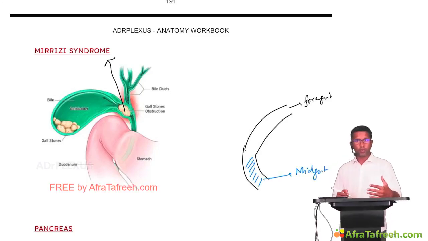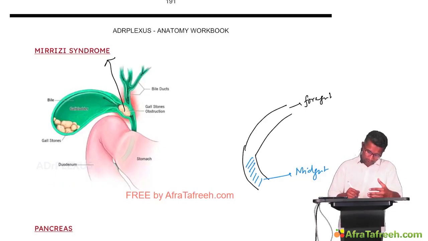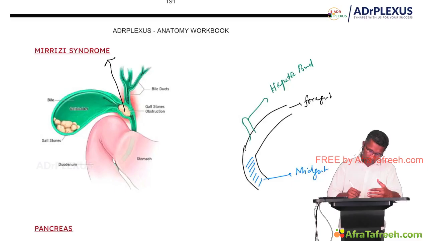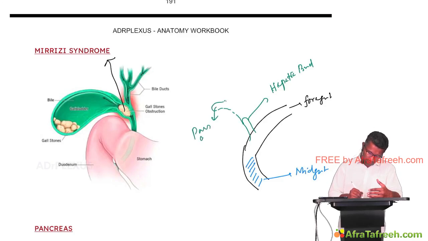At the end of the foregut, an outpouching starts. This outpouching, which begins in the foregut close to the junction of the midgut, is called the hepatic bud. When it grows, it divides into two. One is called the cystic bud, also called the pars cystica.